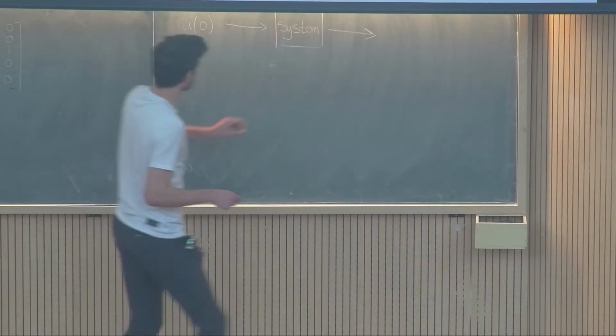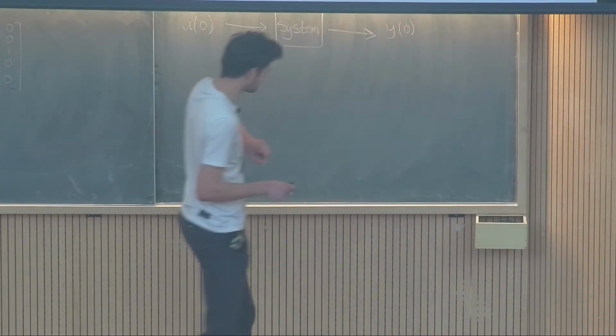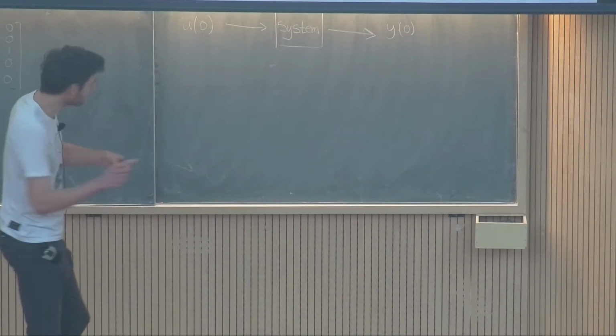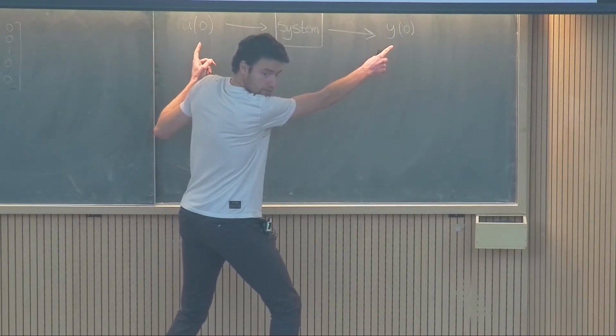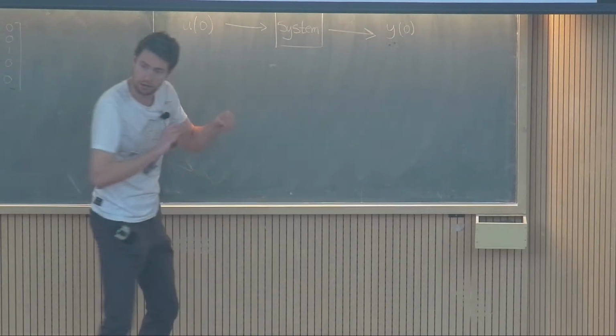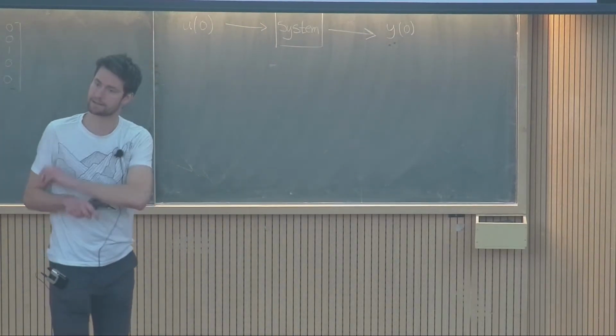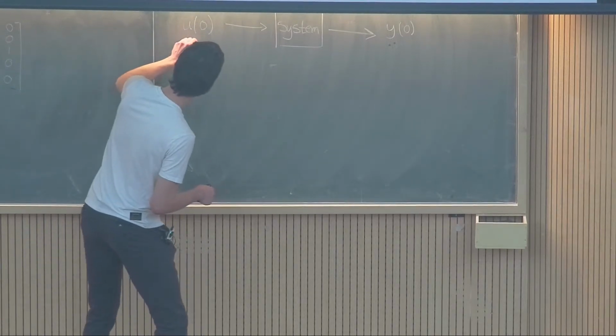Well, what is my system output? Of course, y at time 0. And now the idea is that I can already use this partial data, so U0 and Y0, to design the next input to my system.